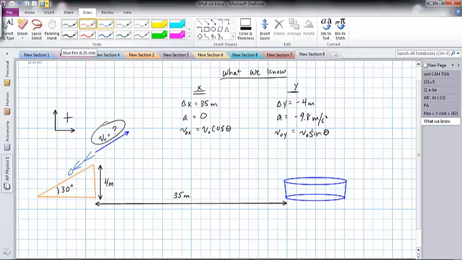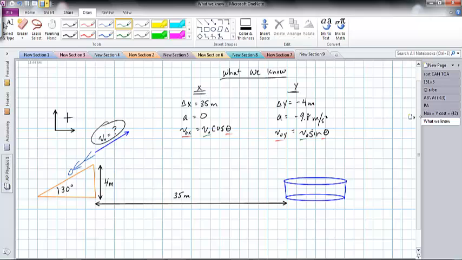It doesn't seem like it gains us much because it's still something we can't calculate, but before I had two unknowns, v naught x and v naught y. By writing it this way, because I know theta, I now only have one unknown, and that one unknown is the magnitude of v naught. So I've eliminated an unknown value by writing it this way.